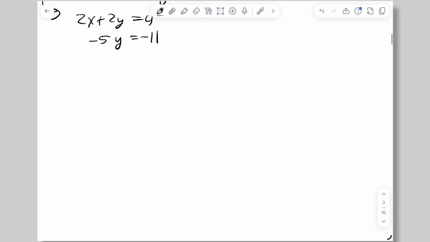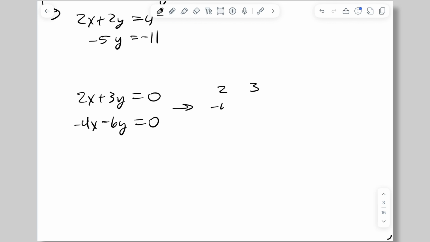In the case that I have something like 2x plus 3y is equal to 0, and then negative 4x minus 6y is also equal to 0, the augmented matrix is 2, 3, negative 4, negative 6, and then a vertical line. The last column is 0, 0.